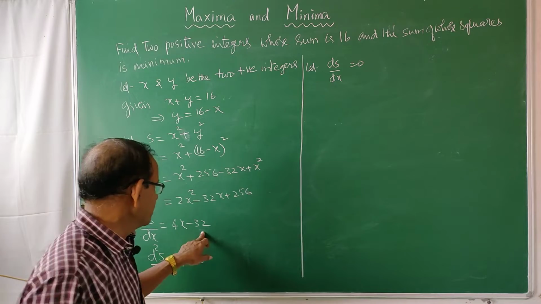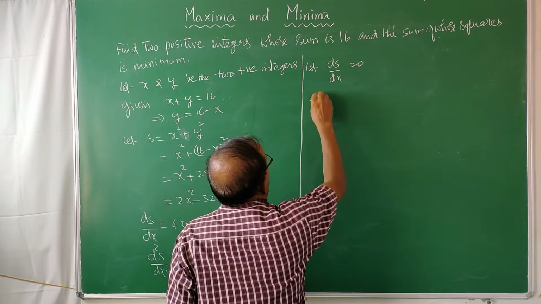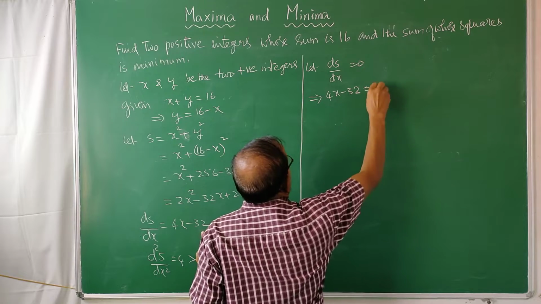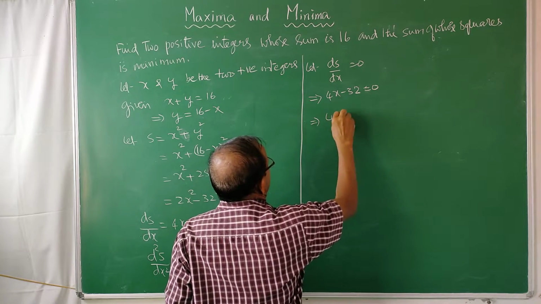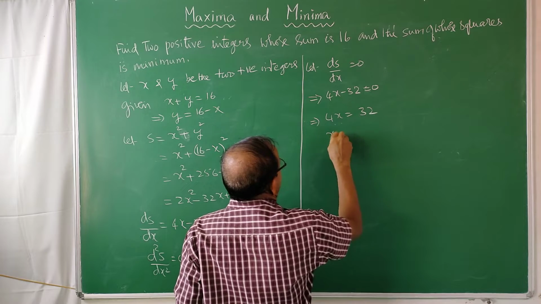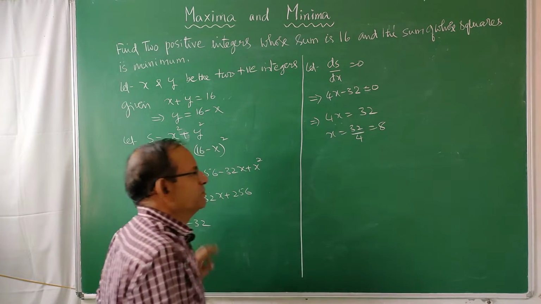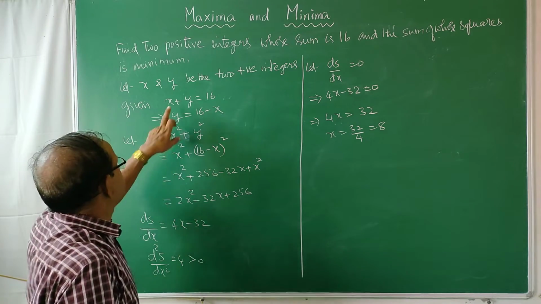That means 4x minus 32 is equal to 0. That implies 4x is equal to 32, x is equal to 32 by 4 equal to 8. What about y? X is 8, but x plus y is 16.